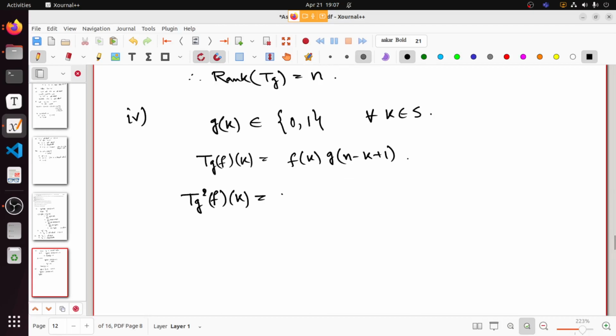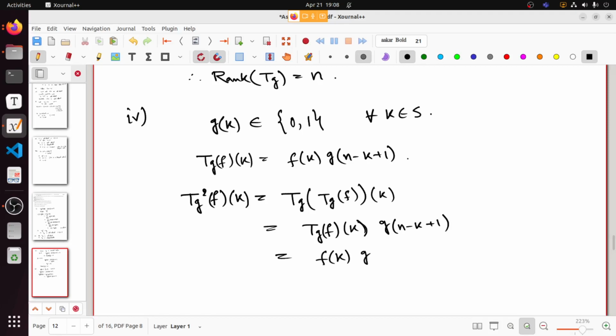So it is T_g of T_g f_k, right? So by definition it will be T_g of f_k times g of n minus k plus 1. I use again the definition of the first one, so it will be f_k g of n minus k plus 1, and again this n minus k plus 1, right?